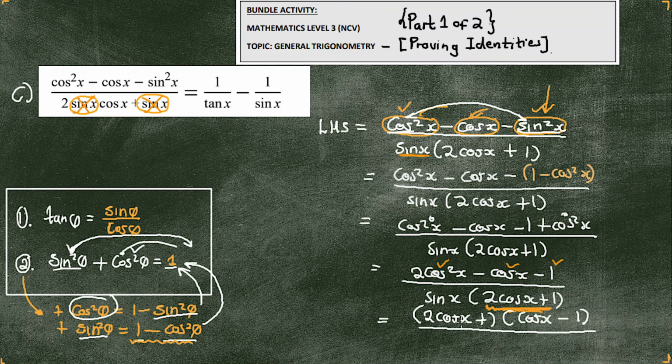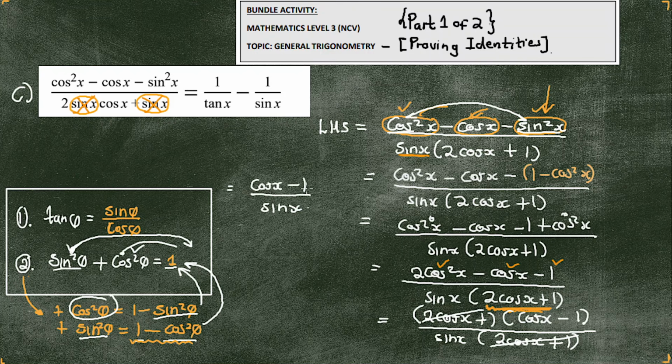Well, you should be getting something like this: sine x (2 cos x plus 1). This gets cancelled by that. Now let's continue. Equal to, I'm now left with cos x minus 1 over sine x.